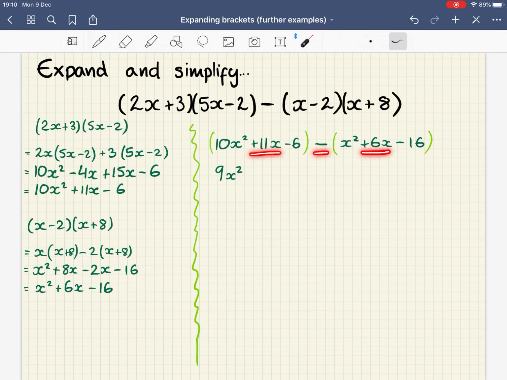So 11x, take away 6x, that's going to give me 5x. And now I have negative 6, take away negative 16. Now remember, two negatives is going to make a positive. So that's actually going to be negative 6 add 16 in this case. So negative 6 add 16 is going to give me plus 10 on the end.